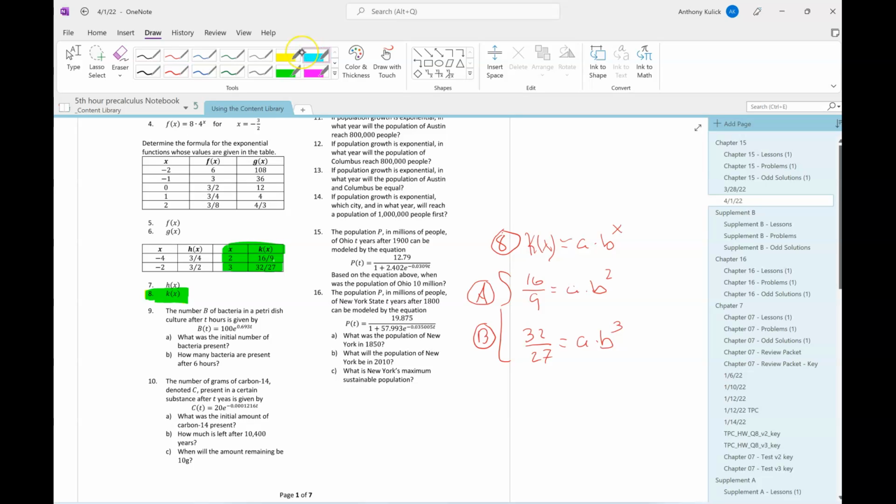To solve this system, I'm going to use elimination. Since the variables are being multiplied, I have to divide the 2 equations. So which one do I want to make the numerator of my division problem, and which the denominator? Typically, I pick the one with the bigger exponent to be the numerator.